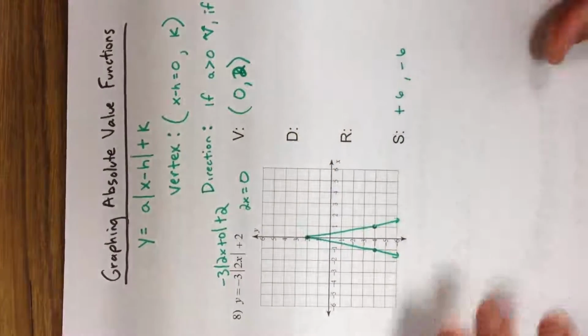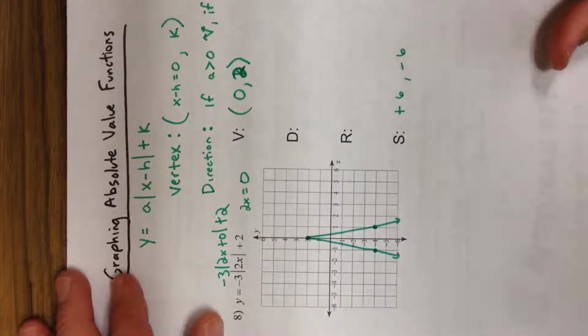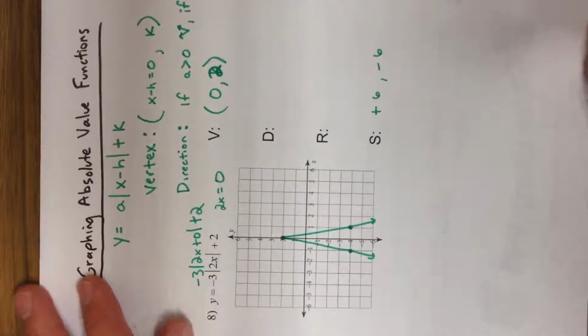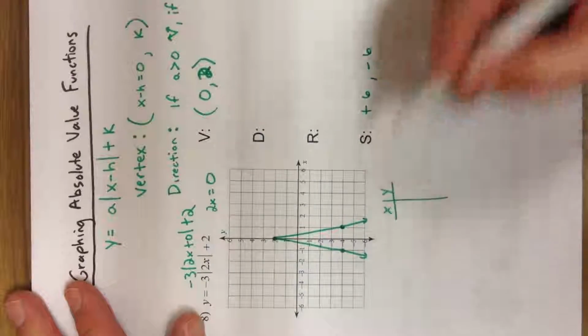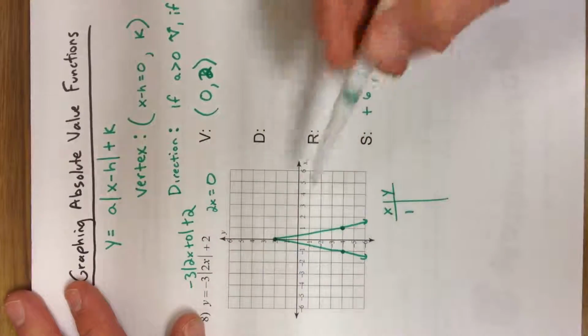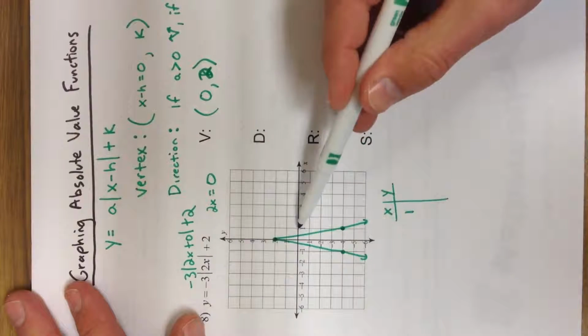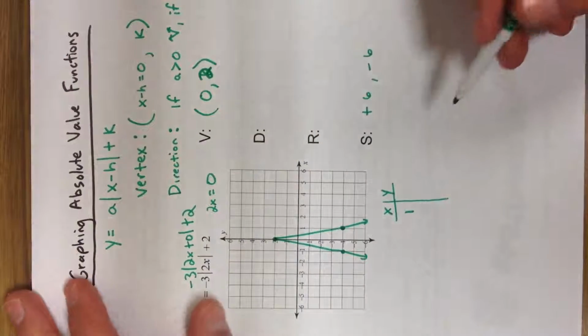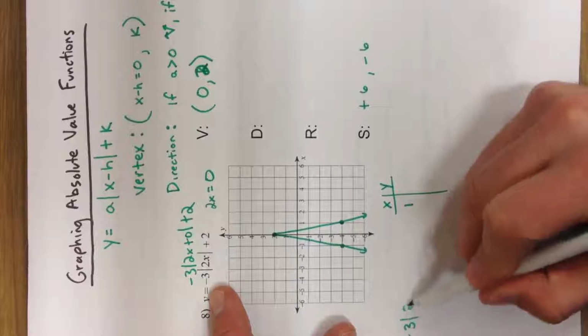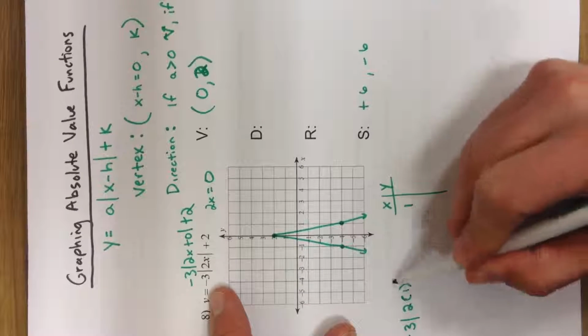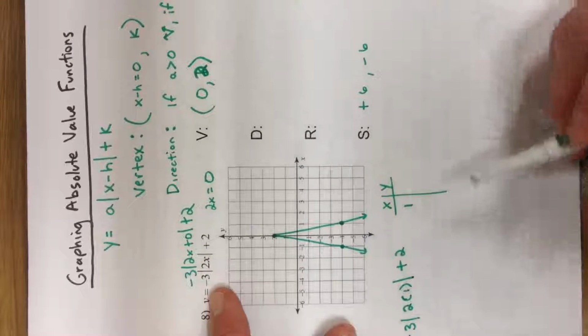Now, if you're using the slope method, what I've encouraged people to do is make sure that those points make sense. So plug in 1, because according to this, when I plug in 1, I should get -4. So let's see if that happens. I have -3|1 + 1| + 2.